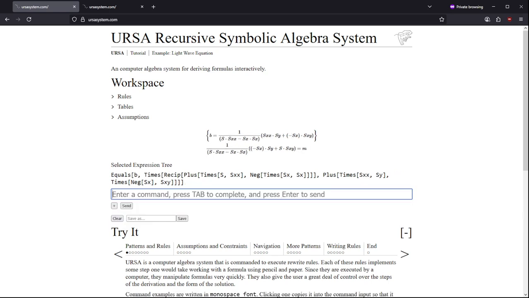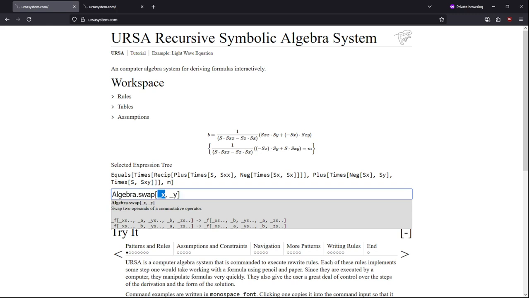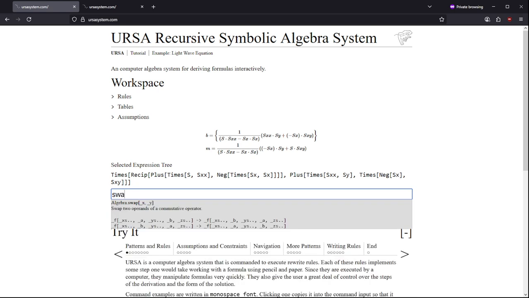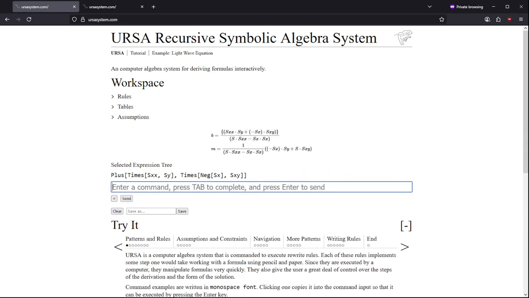So I'm going to swap these equations and clean it up a little bit, clean both of these up. I'm going to swap the terms on the right-hand side to bring the numerator over the denominator, and then I'm going to actually call this delta. Name this delta.